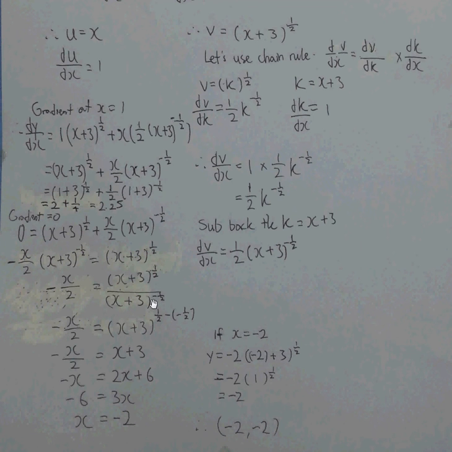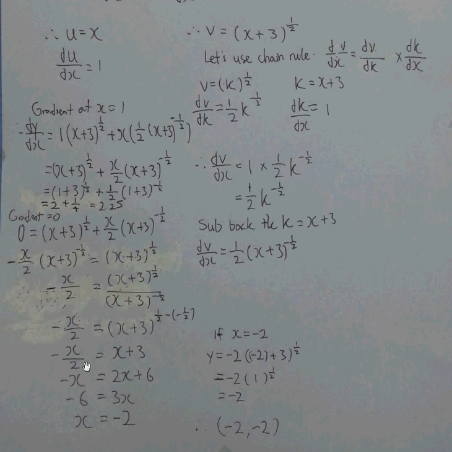Based on the indices rule, when we divide the same variables, we can subtract the powers. So it's half minus negative half, which is half plus half, and that becomes 1.